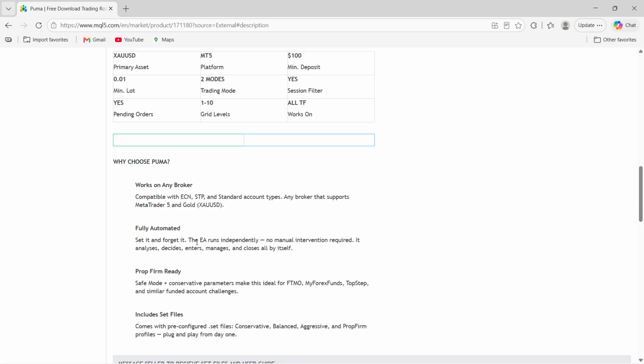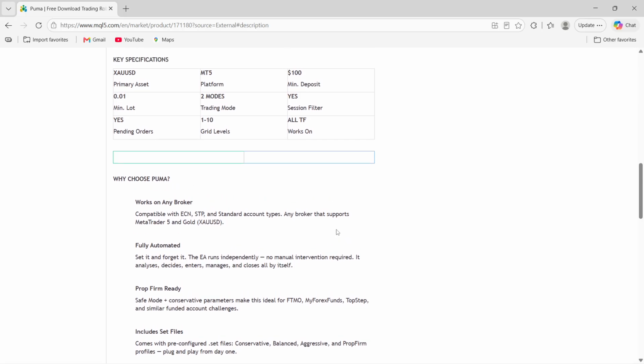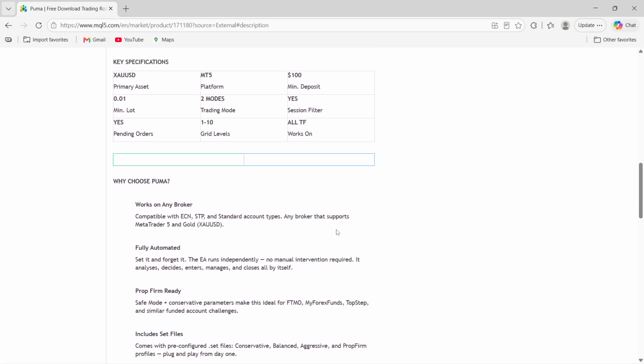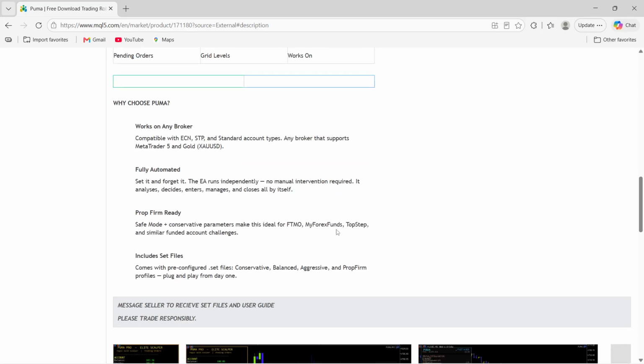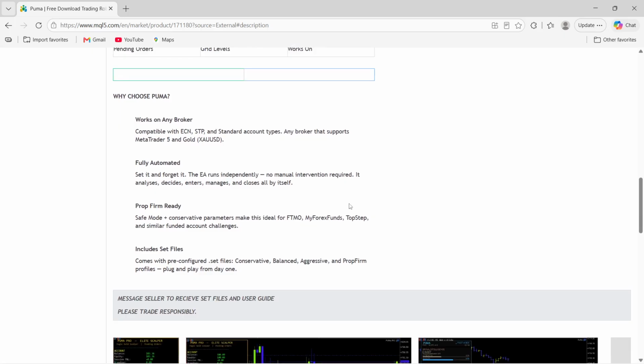Set it and forget it. The EA runs independently according to the developer. No manual intervention required. It analyzes, decides, enters, manages, and closes all by itself. We're going to need to test this out. Most of this actually looks like the developer just hyping up his products. So we're going to see if it actually holds up when we carry out our tests in a little while.